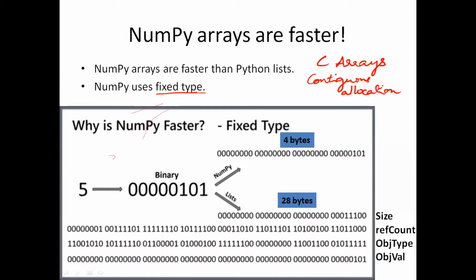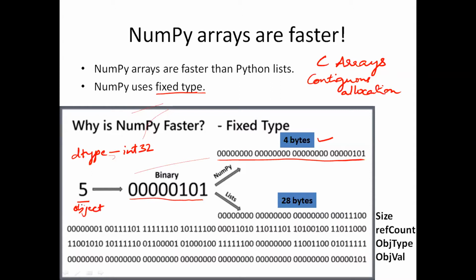If you look at an element to be stored in a Python list as well as in a NumPy array, its binary representation is this, which is stored in case you decide to have the dtype as int32. Then it will be represented as 4-byte data. Whereas each element of a Python list is an object by itself.